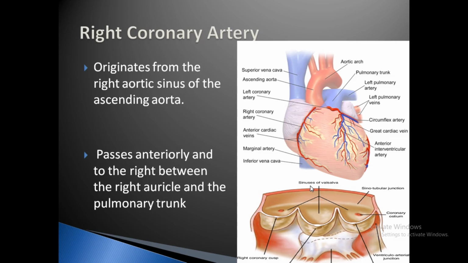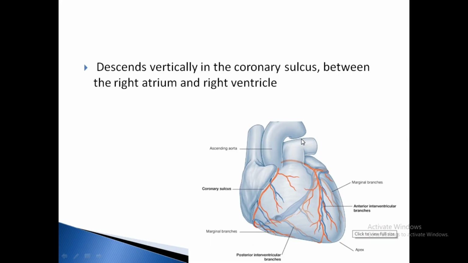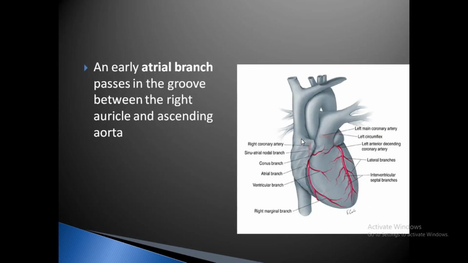The right coronary artery originates from the right aortic sinus, passes anteriorly between the pulmonary trunk and the right auricle, then descends vertically between the right atrium and the right ventricle, and during its course it gives several branches.